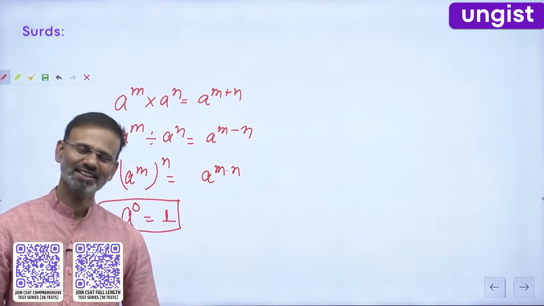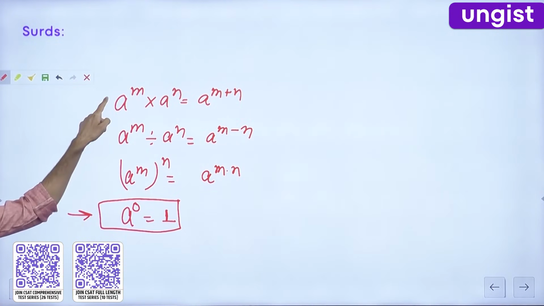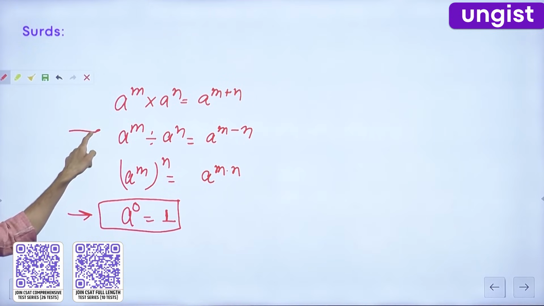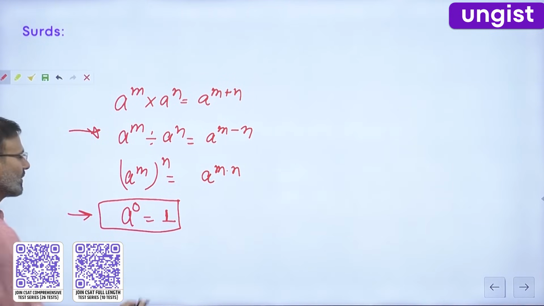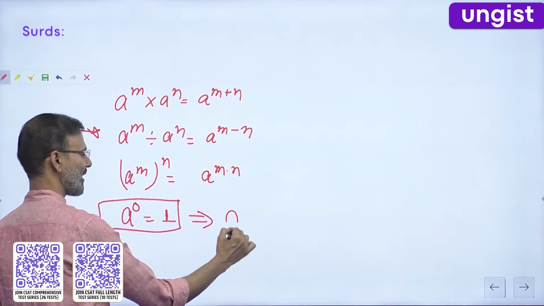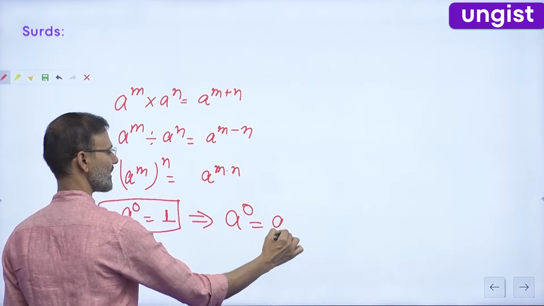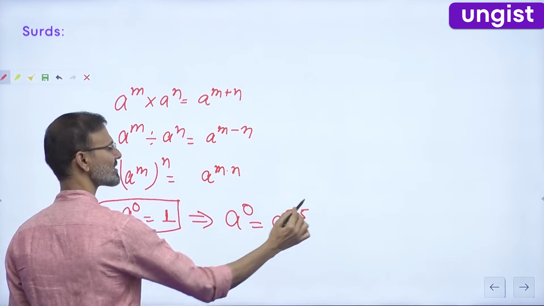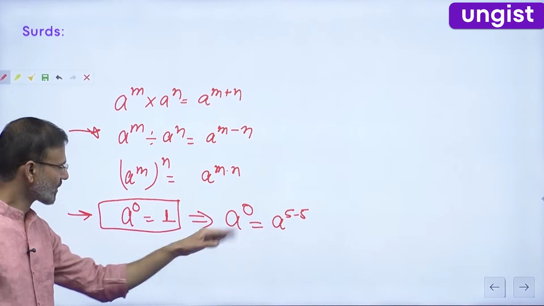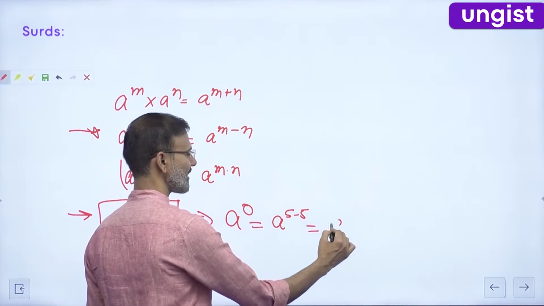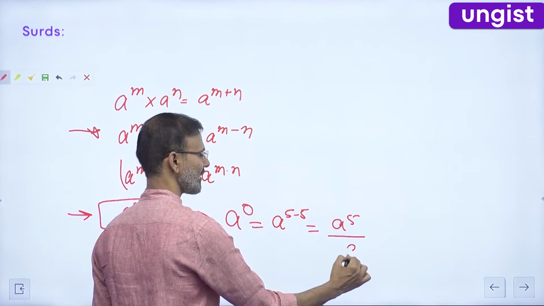Yes, everyone. देखिए सर, आप मुझे ये बता रहे हो, right? You are telling me this. A to the power 0, or you can say a to the power 5 minus 5, 6 minus 6, or 7 minus 7, whatever, right? So a to the power 5 minus 5 is a to the power 5 divided by a to the power 5.